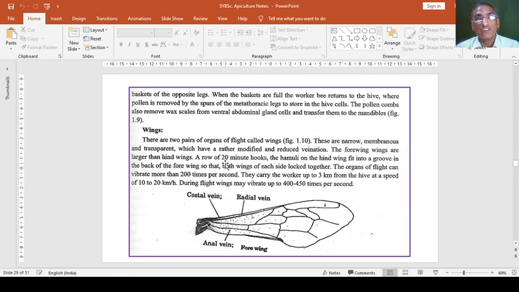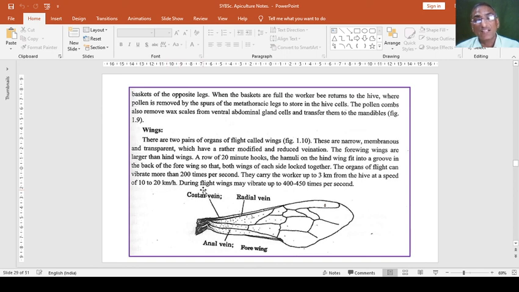and a row of 20 minute hooks, the hamuli, on the hind wings fit into a groove in the back of the forewings to cling and make an attachment useful in flight, so that both wings of each side are locked together and the organs of flight can vibrate more than 200 times per second, and they carry the worker up to 3 kilometers from the hive at a speed of 10 to 20 kilometers per hour.